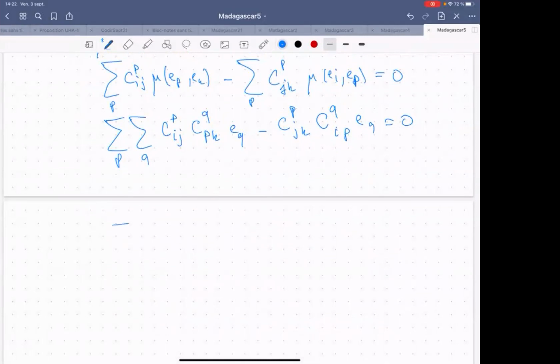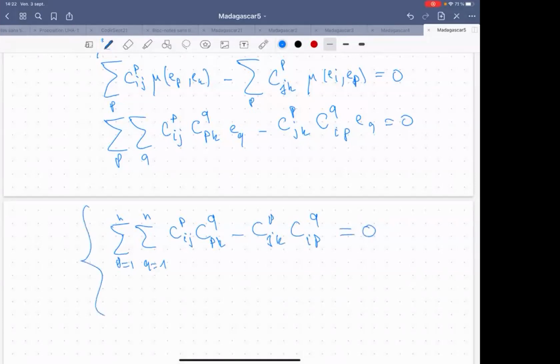Then the algebraic variety is defined by an ideal generated by the following polynomials: the double sum over p from 1 to n, q from 1 to n, of C_ij^p C_pk^q minus C_jk^p C_ip^q equals 0.